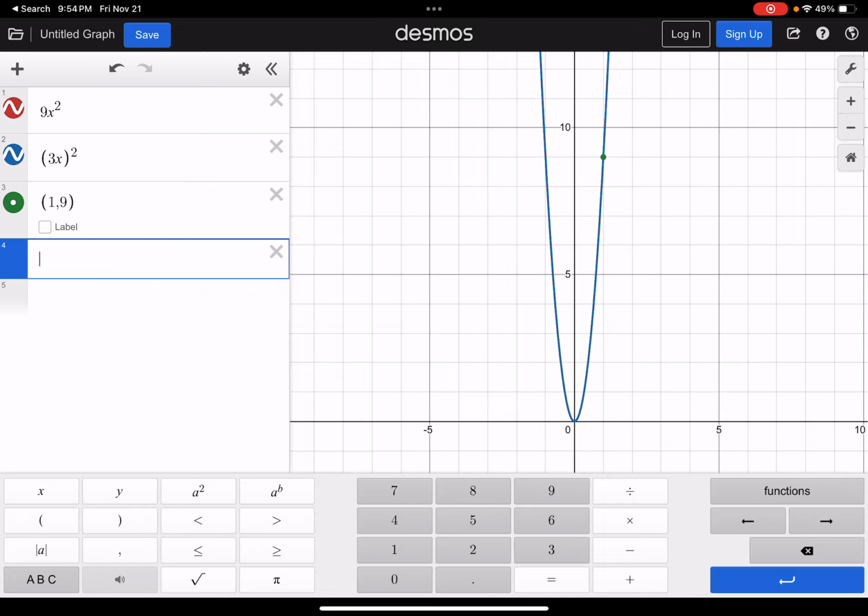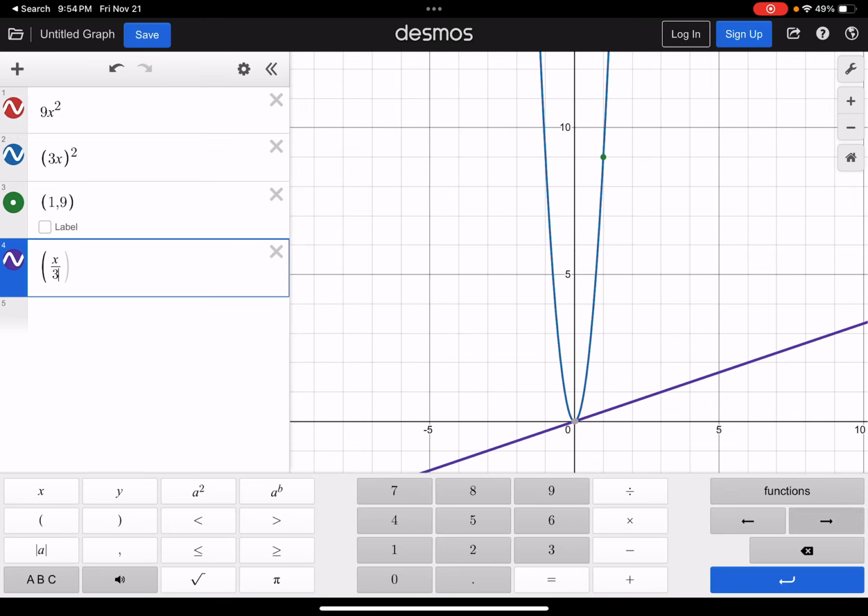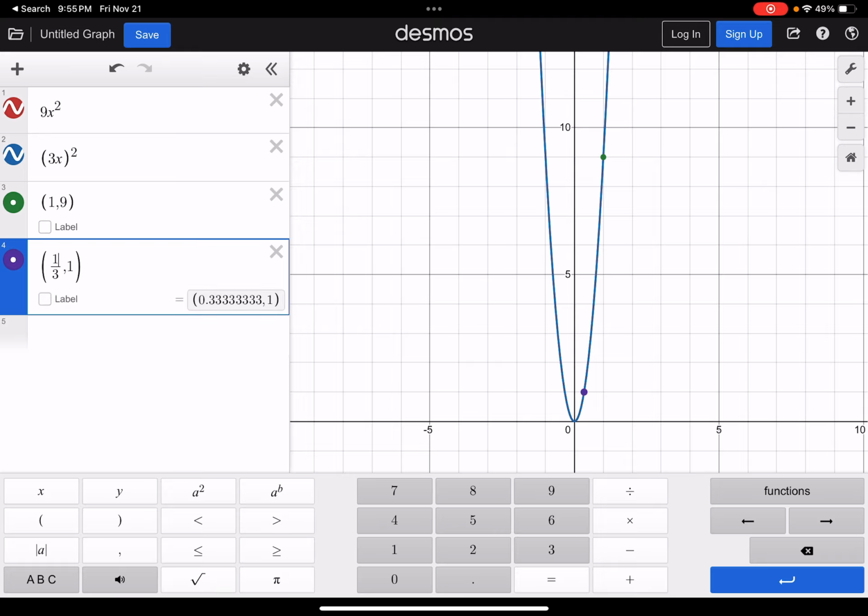Or I could think of it as a horizontal shrink because my x values are being divided by 3. Oh, I forgot to put a 1 in the numerator there. But both points are on the graph, and both are good ways to think about how this function x squared is being transformed.